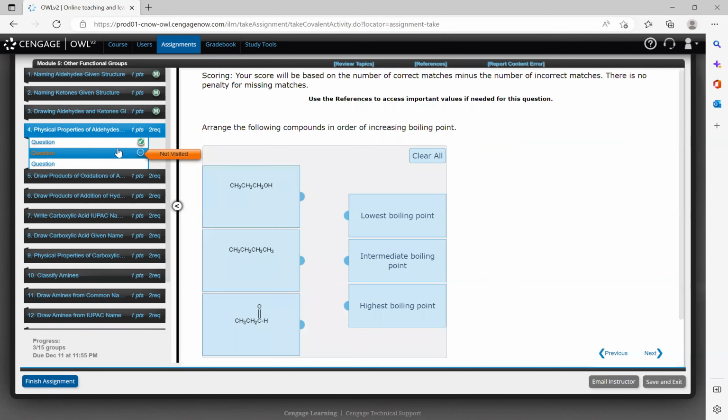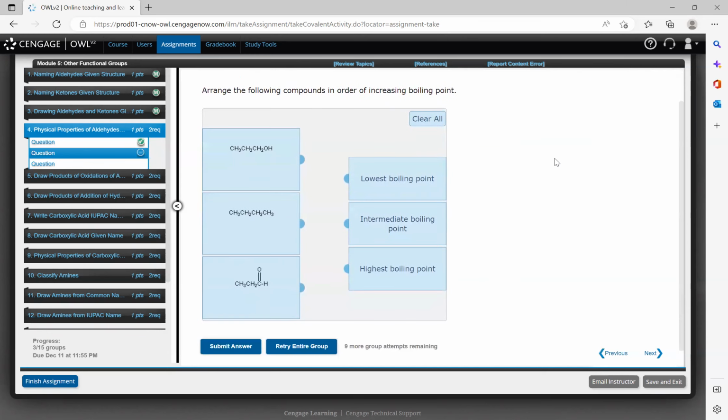And then next, we're going to be caring about the idea of increasing boiling point. So what's going to happen is as you add on oxygen, nitrogen, those very electronegative components, it's going to increase intermolecular forces and it's going to increase hydrogen bonding. Because of that, it's going to increase the boiling point.